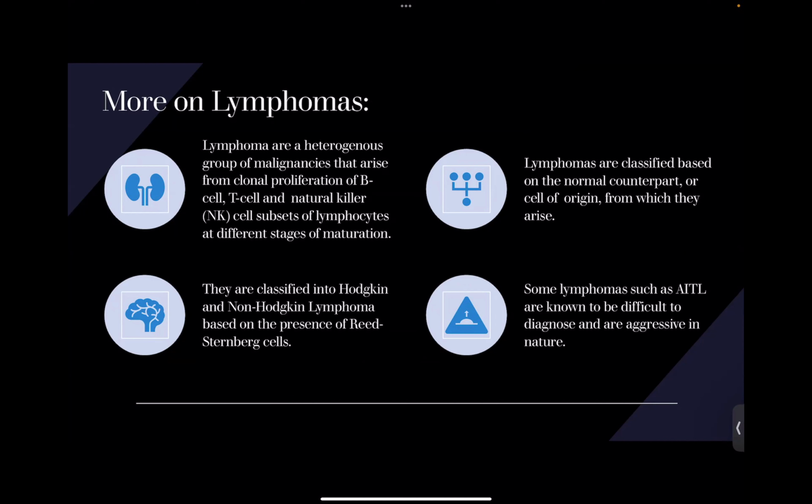Some lymphomas, such as AITL, which we focused on, are known to be difficult to diagnose and are aggressive in nature. So further research in this type of lymphoma is important to understand the tumor microenvironment and how the different cellular interactions occur. We are planning on comparing HuBMAP data sets to further analyze the differences in healthy lymph nodes versus the ones affected by AITL.